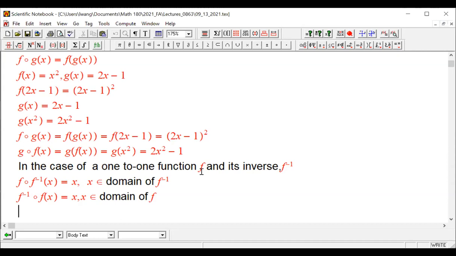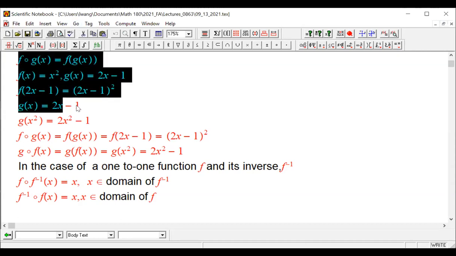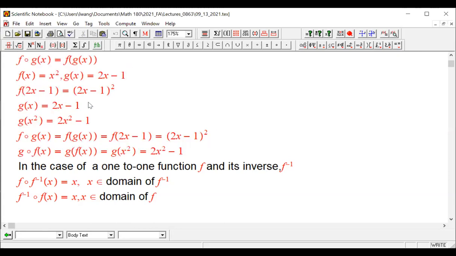Do you think you can explain the top again? Which top? Here? Yeah, or do another example for it. Do you understand this example? I'm trying to find out why you put 2x minus 1 inside g of x squared.